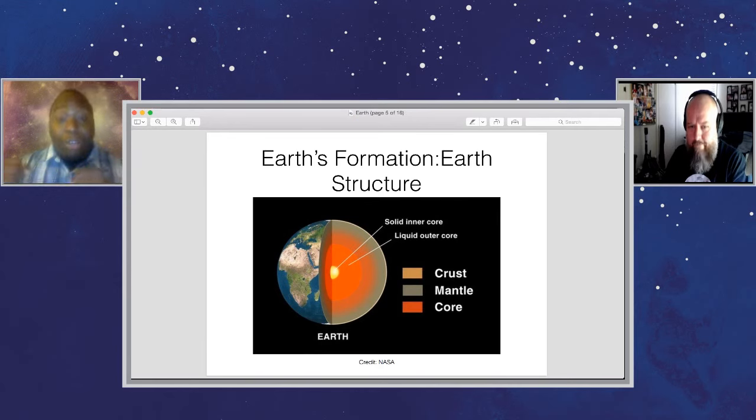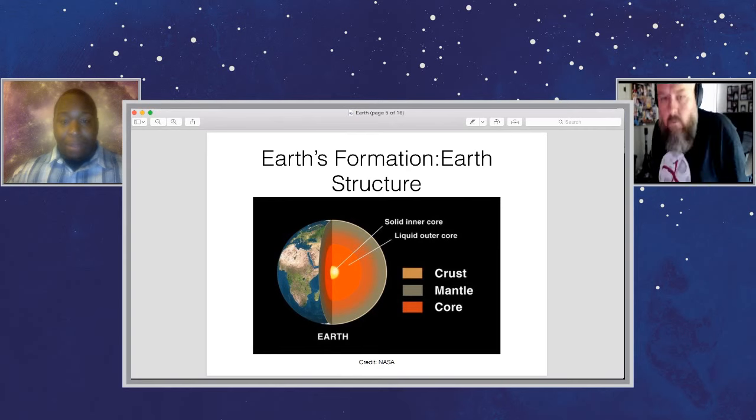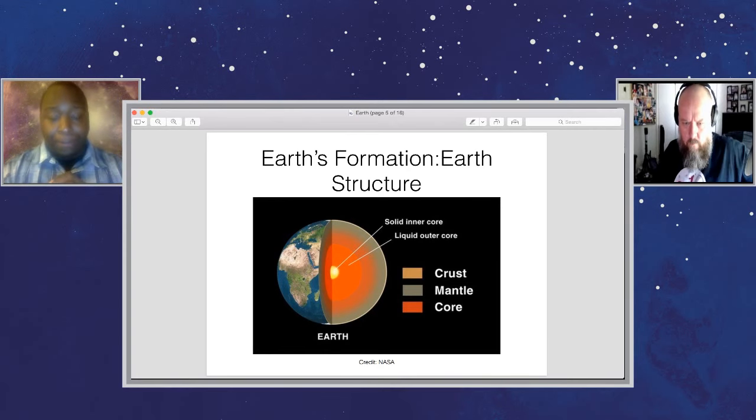Now, this motion also builds up kinetic energy for, let's say, the smaller piece of material. So it's moving faster and faster, and eventually, boom, it collides with the bigger piece of material, and they stick together.